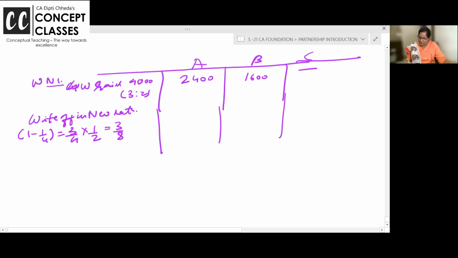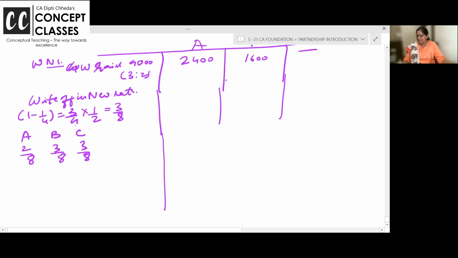So what will be the new ratio for A, B, and C? 1/4 means 2/8, 3/8, 3/8. Do you know how to find the ratio or not? 1 minus 1/4 C has taken, so 3/4, half will go to A, and half will go to B. How is it? All clear?